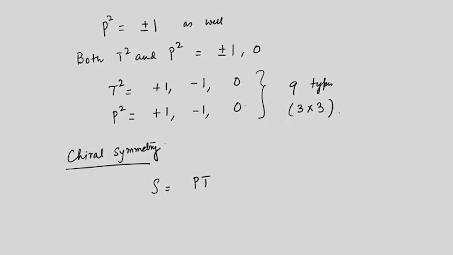Now this S does not have values +1, -1 and 0, but S has values 1 and 0. Now the 10th classification is coming from S equal to 1 but P and T equal to 0.